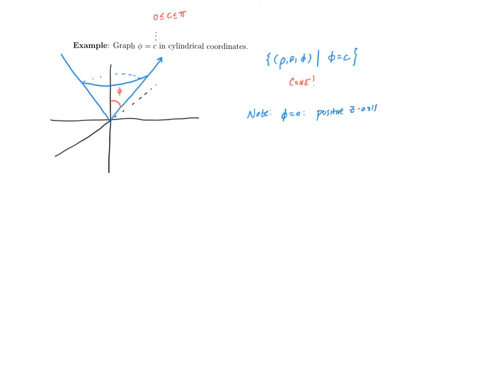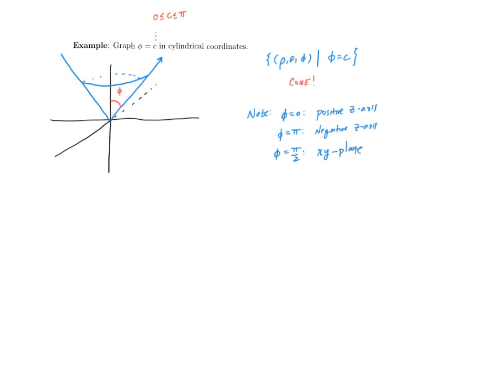From a similar kind of argument, if phi is equal to pi, you would be on that negative z-axis. And one more kind of extreme case, if phi is equal to pi over 2, that angle of pi over 2 would put you precisely in the xy coordinate system. So this would indicate the xy plane.